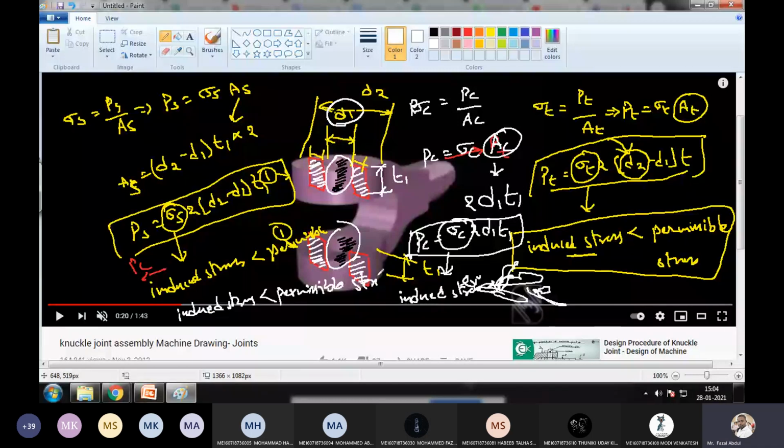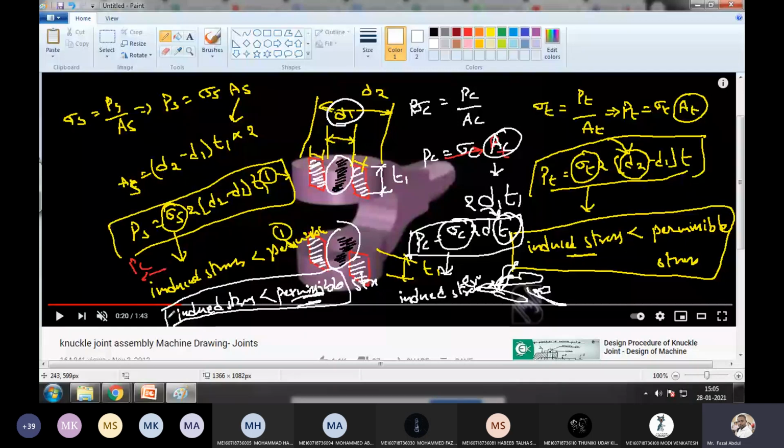If our induced stress is exceeding the permissible value, then change the t1 value, select another t1 value, substitute here, get the induced stress and verify with the permissible value. If it is less than the permissible value, write the comment: the design is safe.